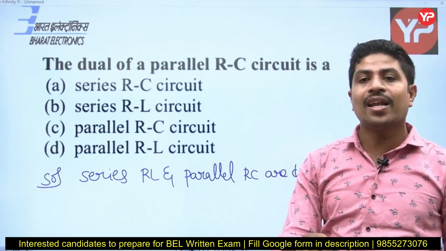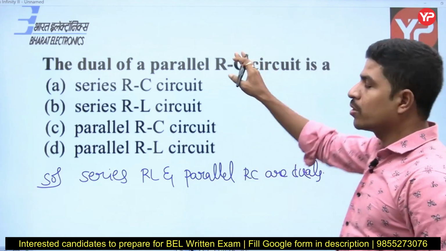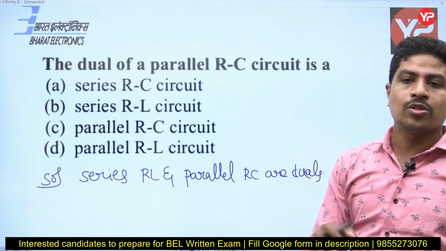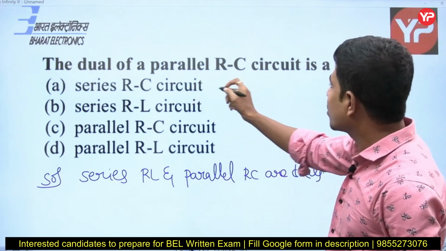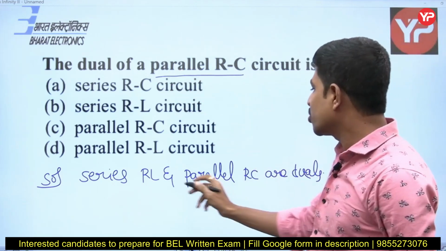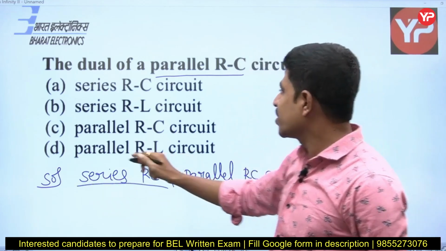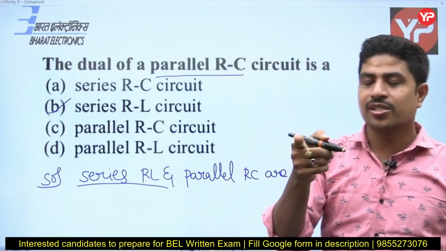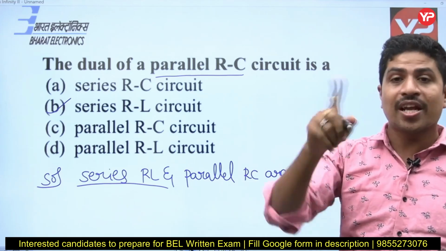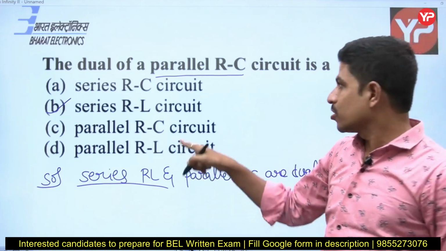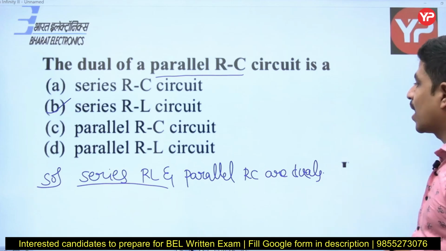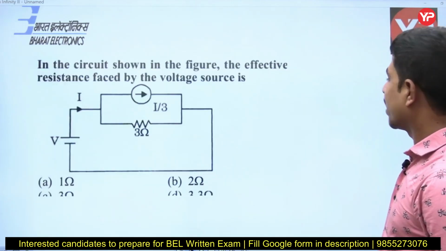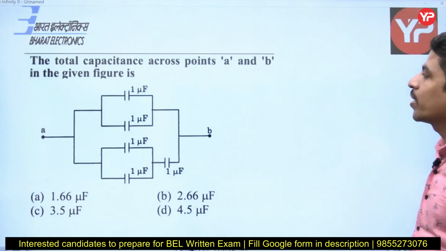Parallel and series are duals, L and C are duals, R and G are duals. So parallel RC, series RL, option is B. Right? This question we already took, leave it. Come to the next question.